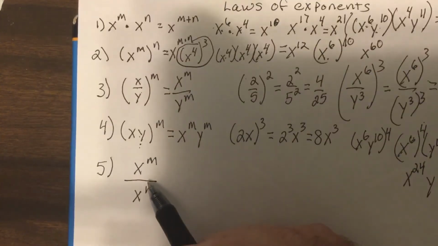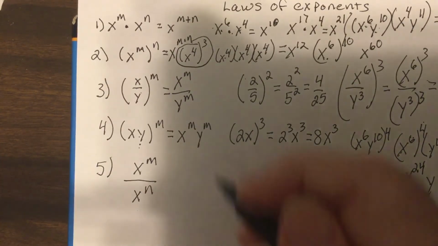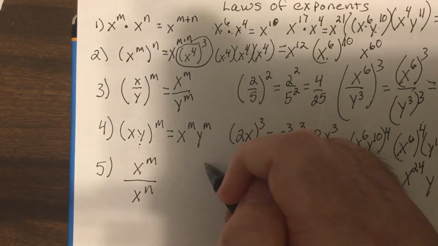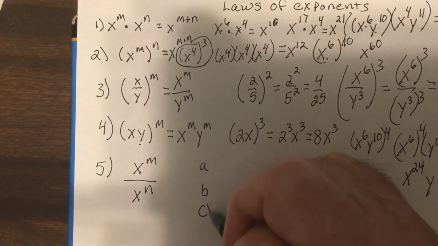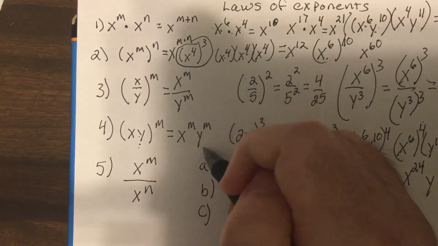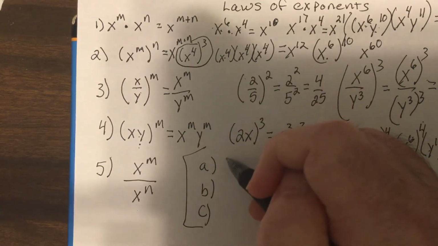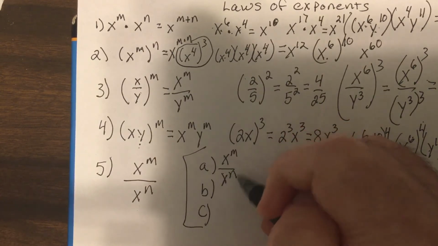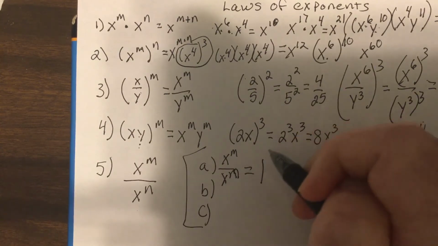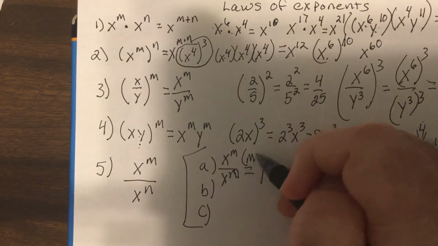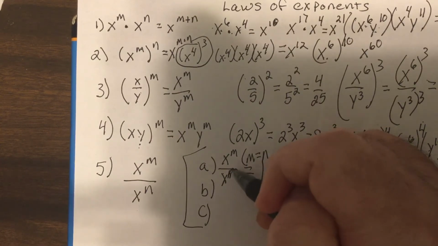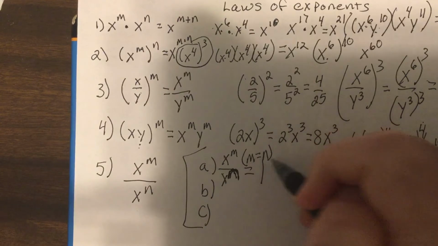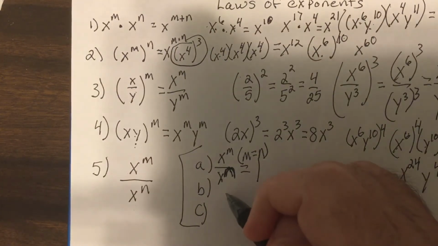And the last one we're going to do in this video is what do you do when you're dividing, where there's actually 3 parts. So if the powers are the same, then the answer is 1. Let's do this. If m equals n, then it's 1.